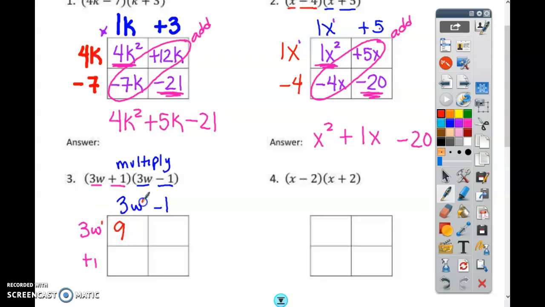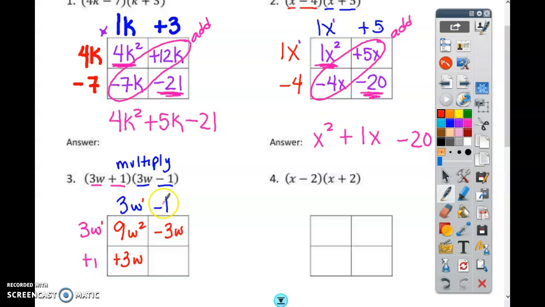How many w's do I see? 2. 3 times negative 1 is a negative 3. And there's 1 w here, none here, so it's 1. 3 times 1 is a positive 3. There's 1 w here, none here, so I just put 1.